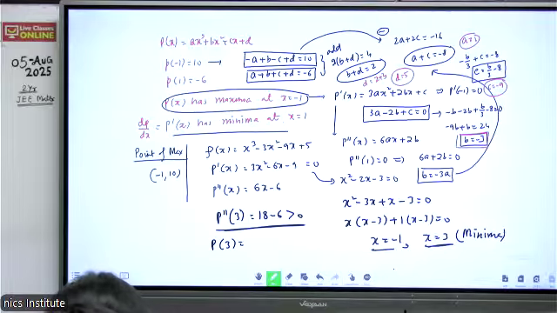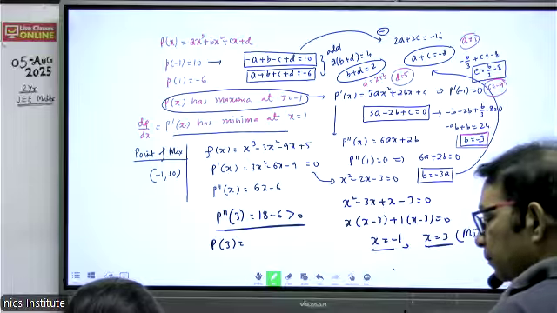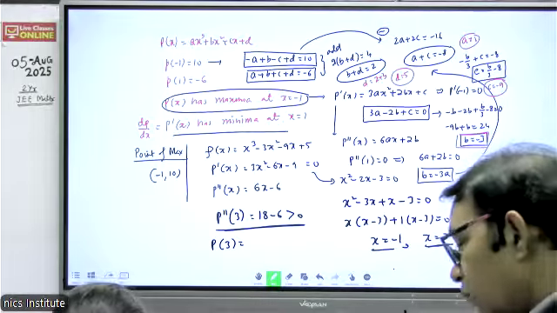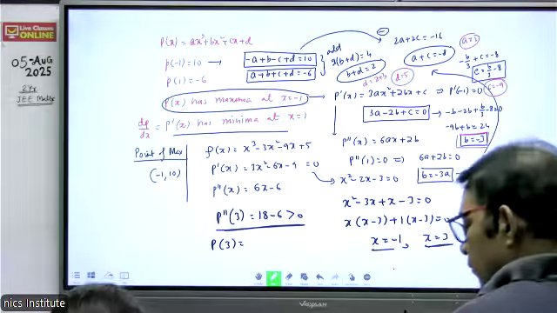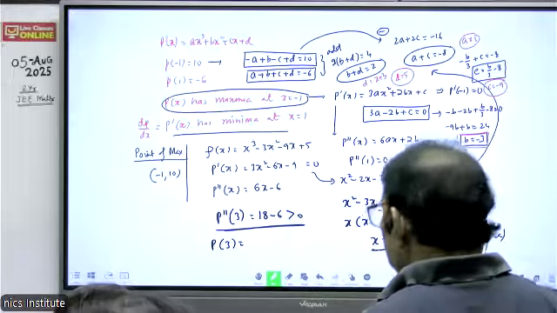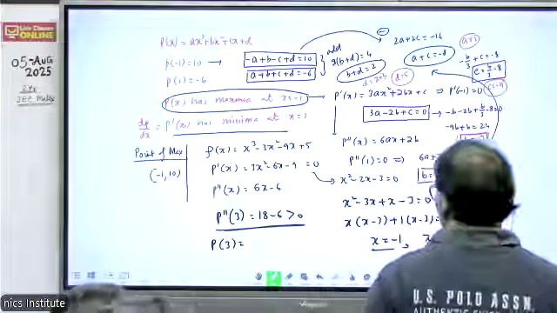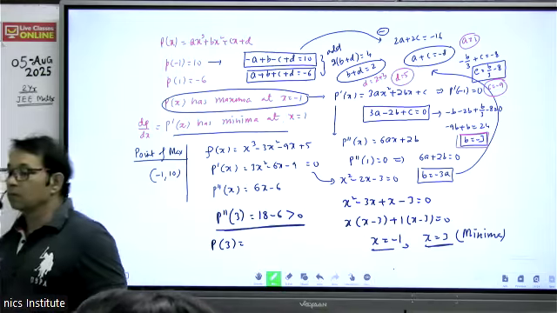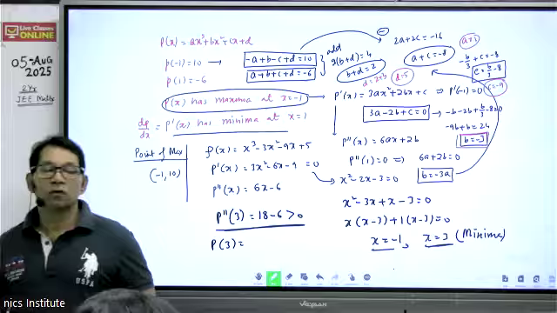Polynomial निकाल लिया ना ABCD substitute करने के बाद. So what is P of 3 कितना है? What is P of 3, Arshia? -22.